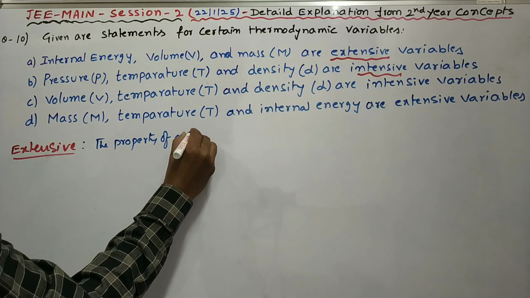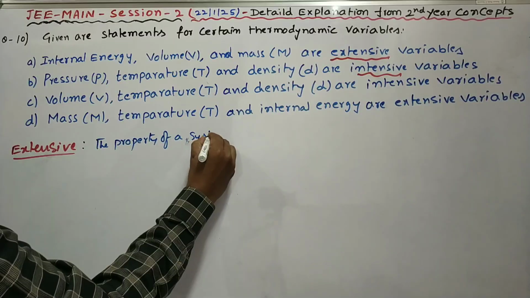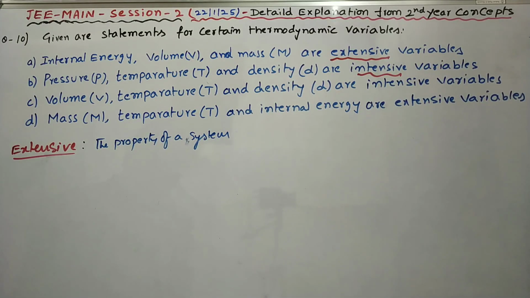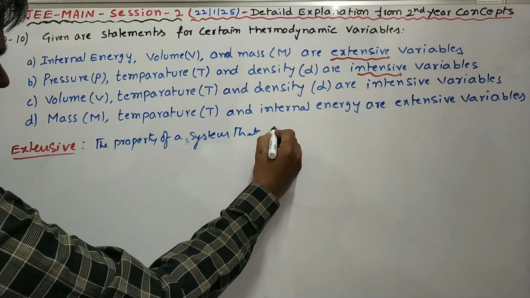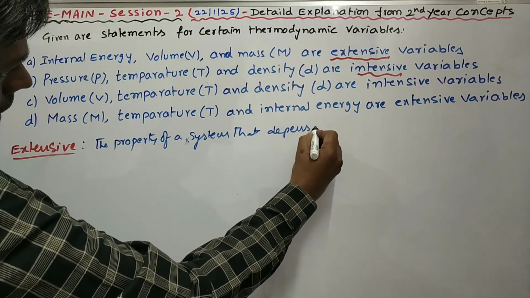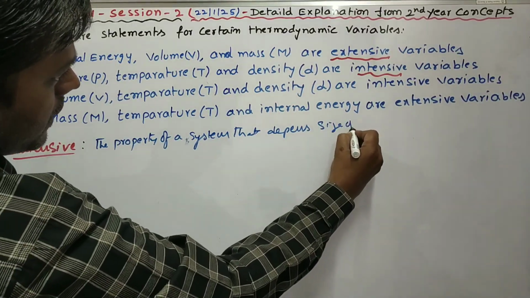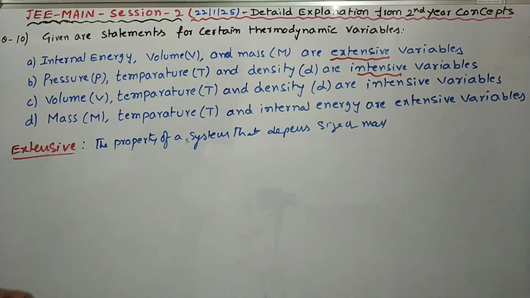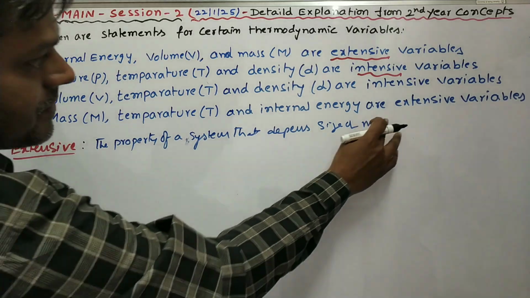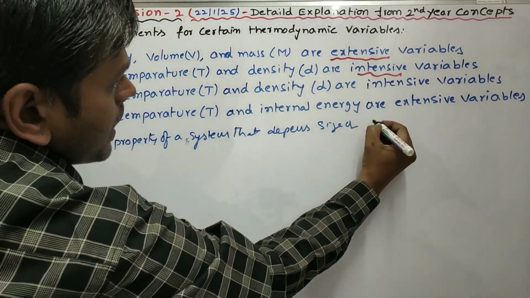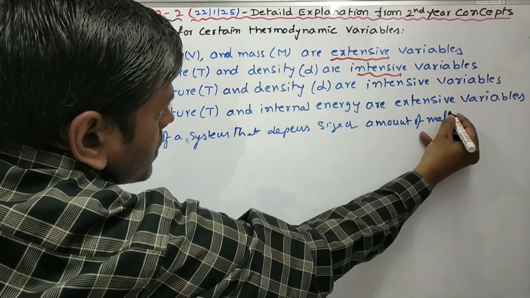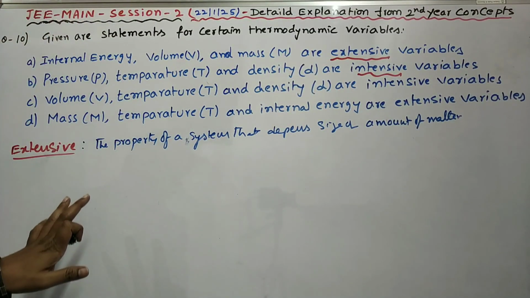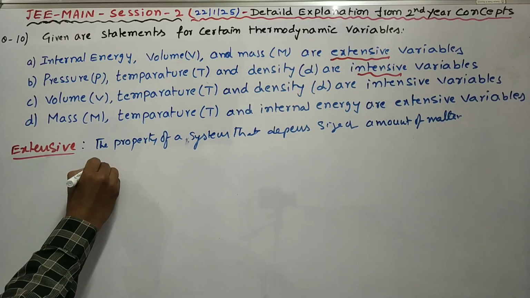The property of a system that depends on size or mass. Mass means the amount of matter in the system.